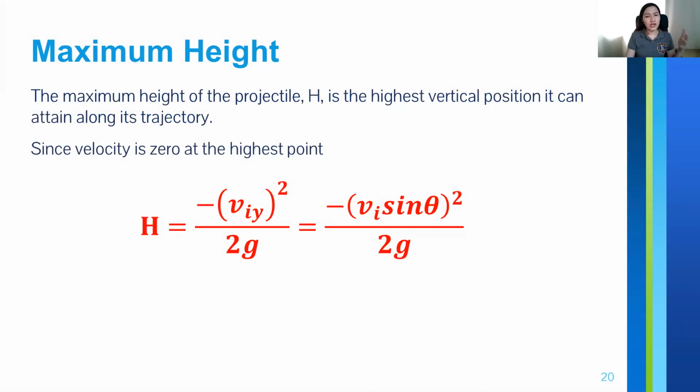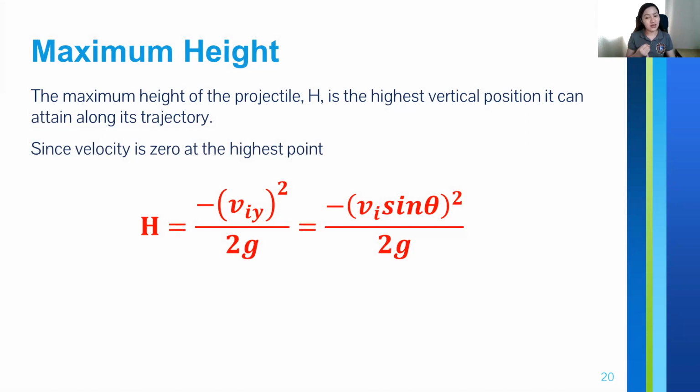Okay, so we now know how to find the time of flight and the time for the object to reach the maximum height. Now we will be learning, or we find now the maximum height. So unsay pinakataas na height na ma-reach sa object? So the maximum height of the projectile is the highest vertical position it can attain along its trajectory. So what are the factors that affect the maximum height?